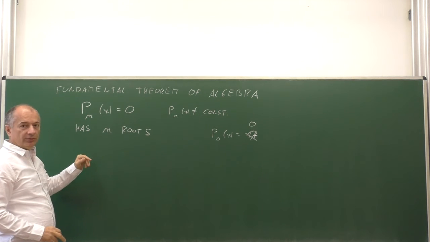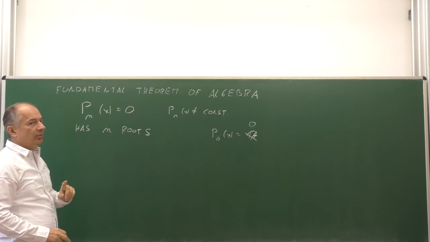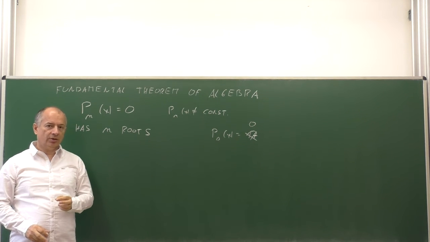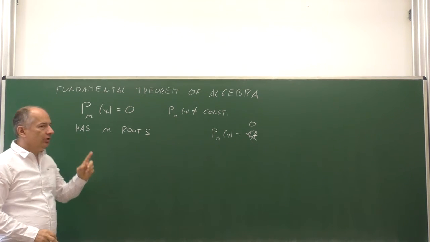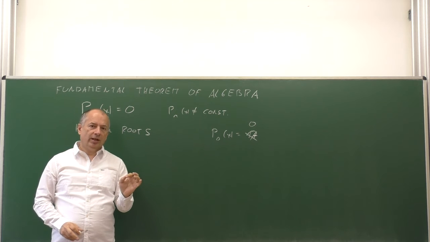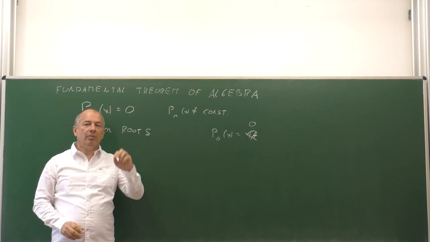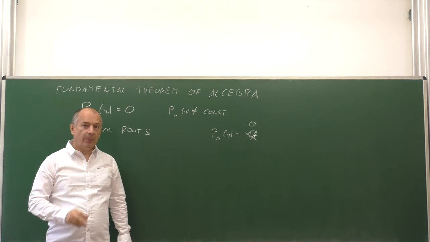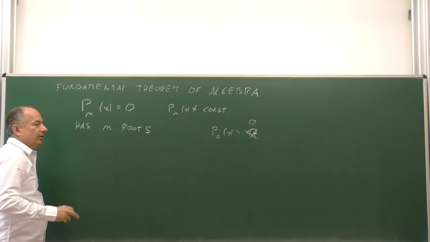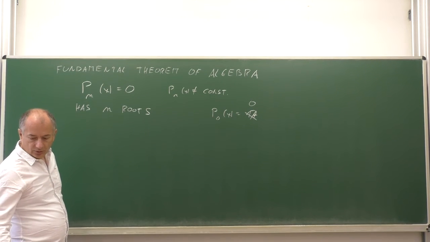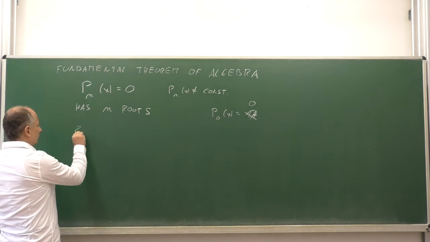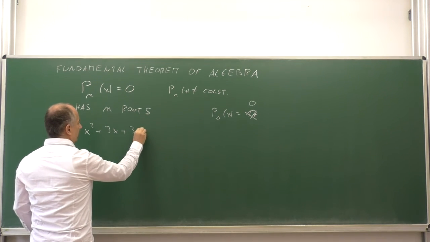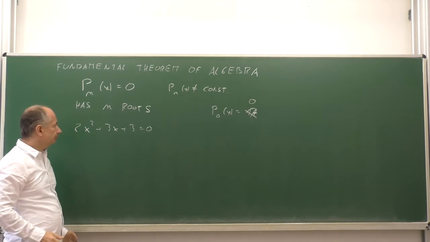And what is important for us, if the polynomial is real, that means the coefficients are real numbers, then the roots may be complex, but then they come in pairs, 2 complex conjugate numbers. Let me illustrate this with a quadratic equation. Consider the equation 2x squared plus 3x plus 3 is equal to 0.